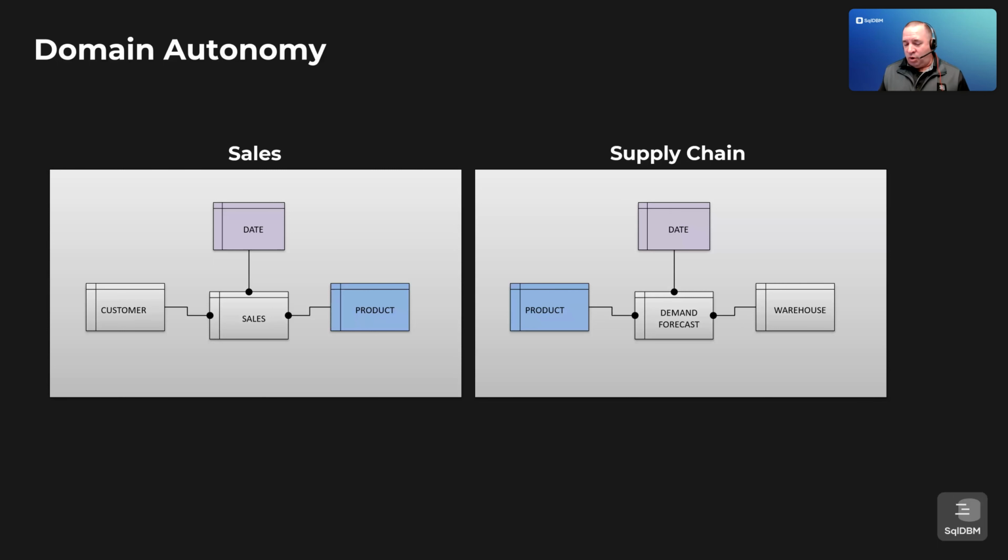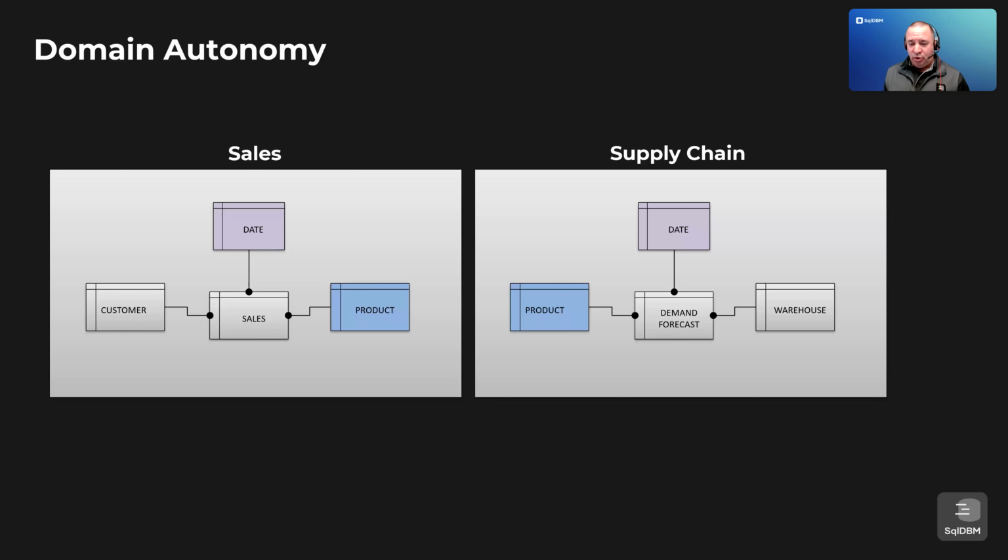But an organization might say we're going to have a common domain, some things that are central, not belonging to any specific domain, like the date dimension or geography or even employees or other things like that. But we might say, you know what, the supply chain team owns product and sales just references product, but they don't own product, but sales owns customer and the sales.